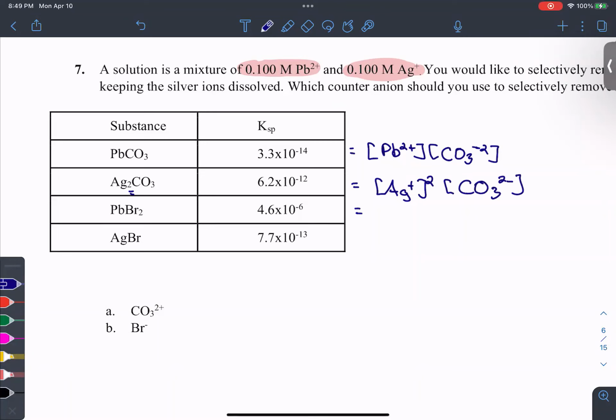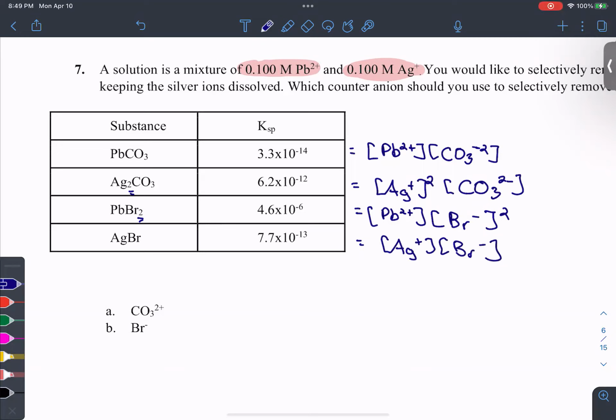For lead bromide, we're going to have lead 2+ and bromide squared, because there are 2 of those anions present in the balanced chemical equation when that breaks up. It's kind of like when you do a net ionic equation. When you broke stuff up in net ionic equations, that's where you get your KSP expression from. And then finally here, silver plus and bromide minus.